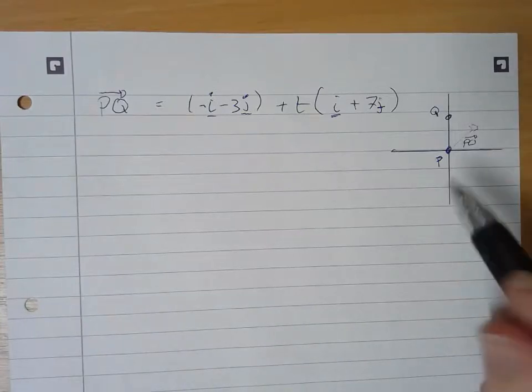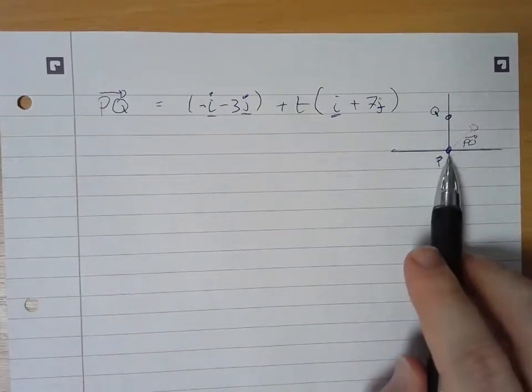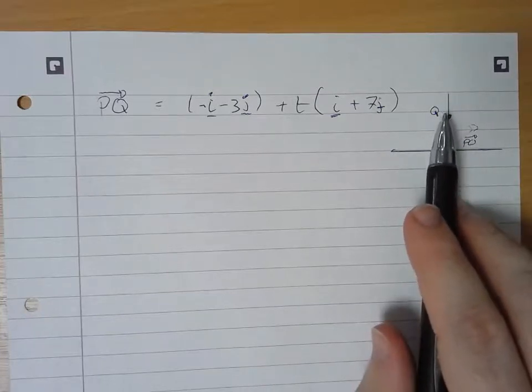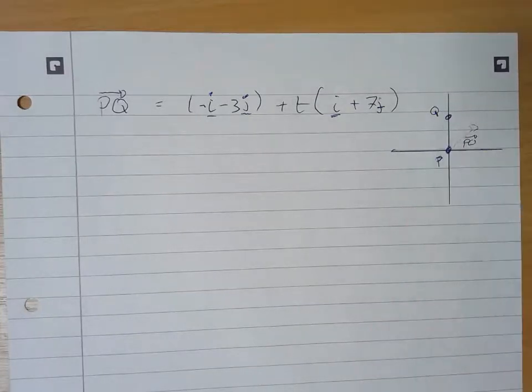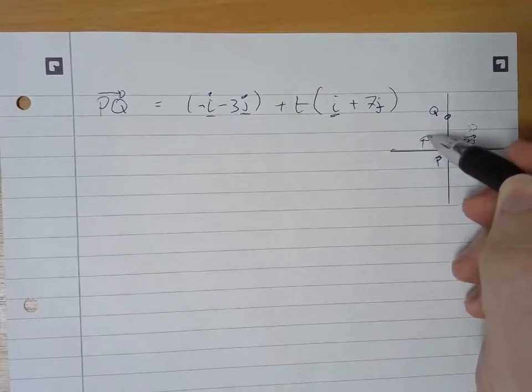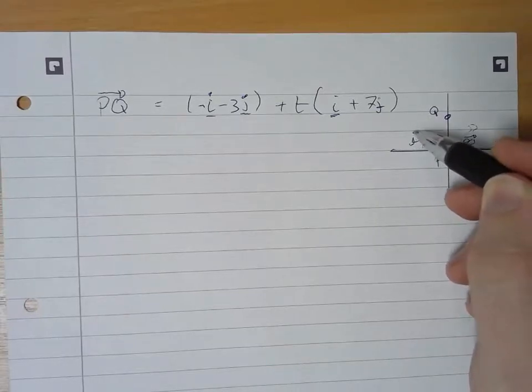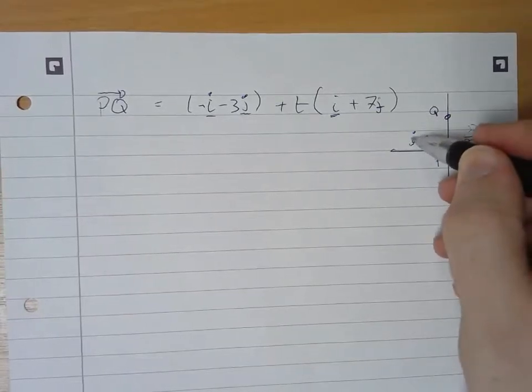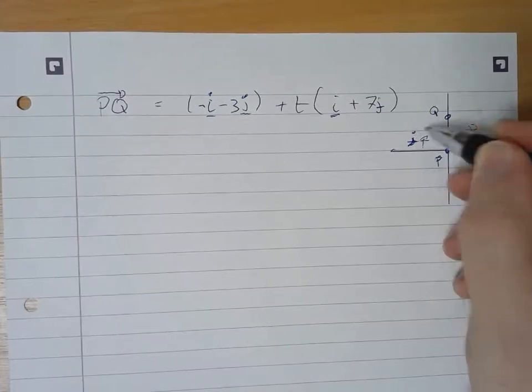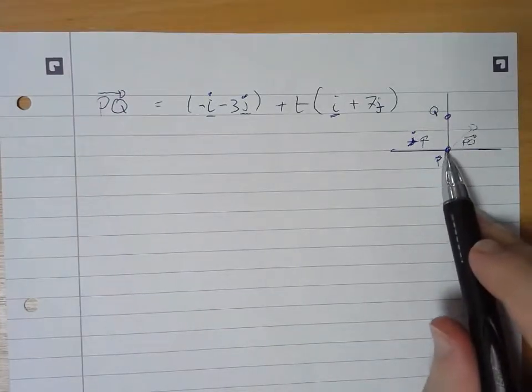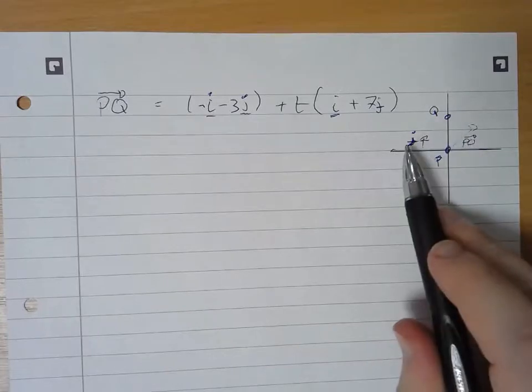That means I want to know when Q is up here somewhere. Before I start, I need to decide what vector takes me from P up to Q. If Q is due north, we're just going up this way, which is in the direction of the vector j, but we don't know how far this is.